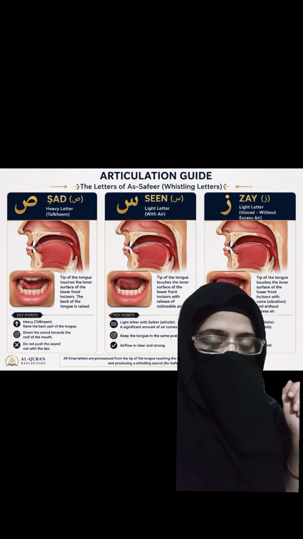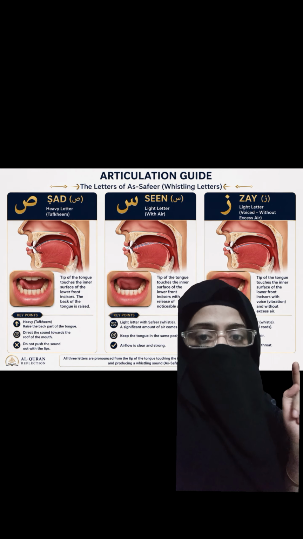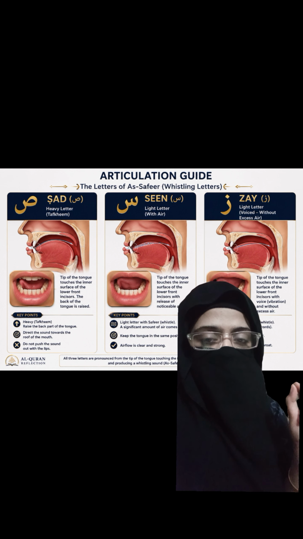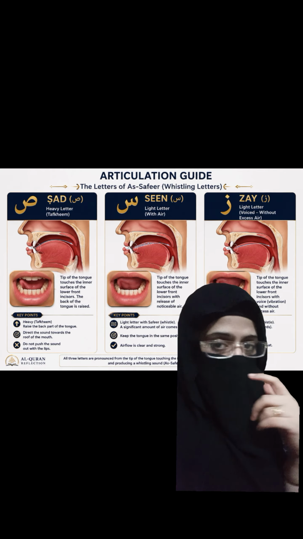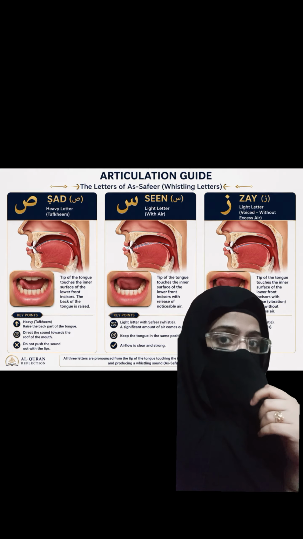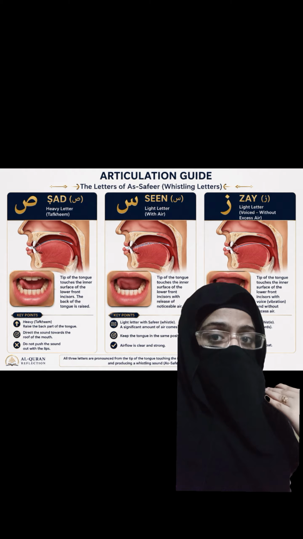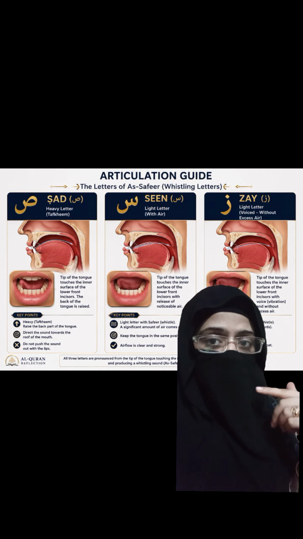The articulation point: the letters Sod, Sin and Za are produced by placing the tip of the tongue close to the inner surface of the lower front incisor, allowing the airflow to pass toward the narrow gap between the tongue and the teeth.